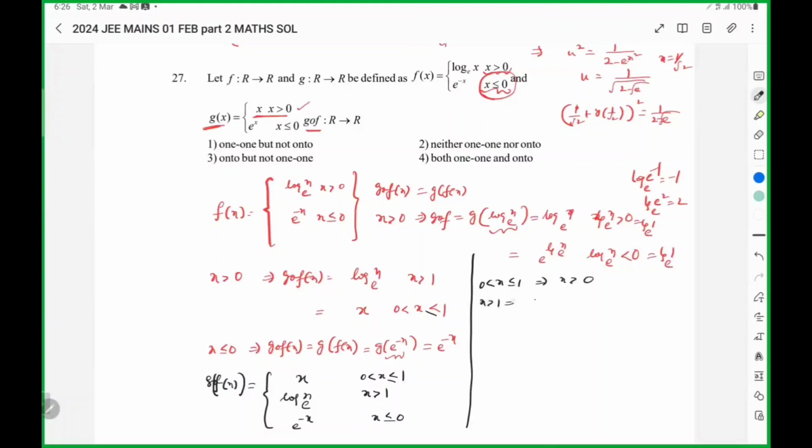For x greater than 1, log x to the base c is greater than 0. E power minus x is always positive. That means g of f of x is always positive. The range will be 0 to infinity.